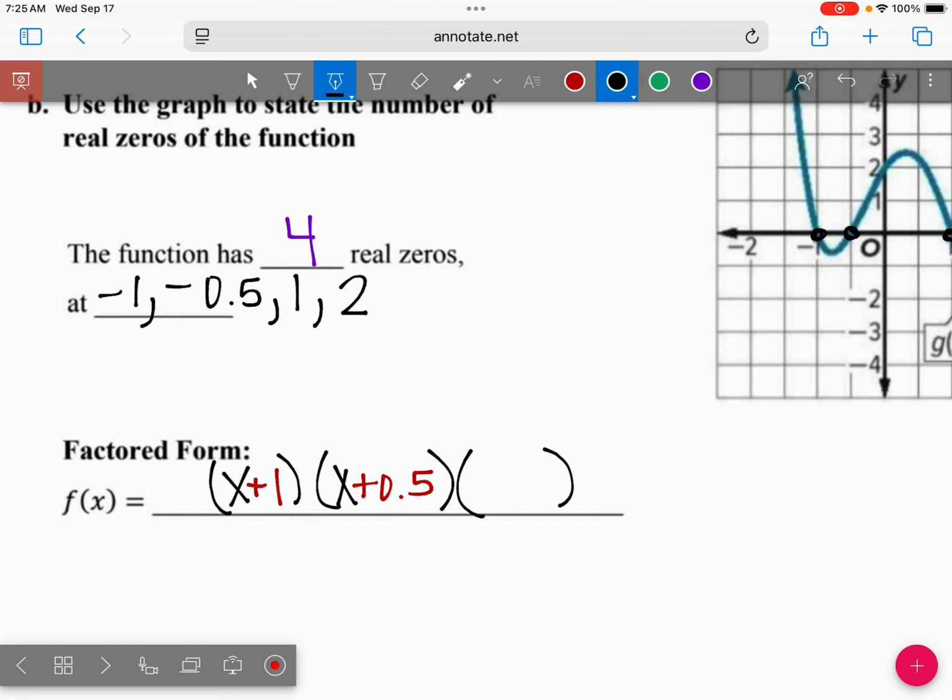The next one is at +1, so I'm going to put a -1. The last one is at +2, so I'm going to put a -2. So what do you think this graph, does it have a positive leading coefficient or a negative leading? Positive, because both sides go up, so we're going to put our +1 in the front. So yeah, these go pretty fast.